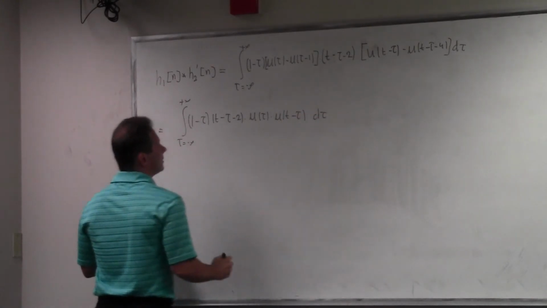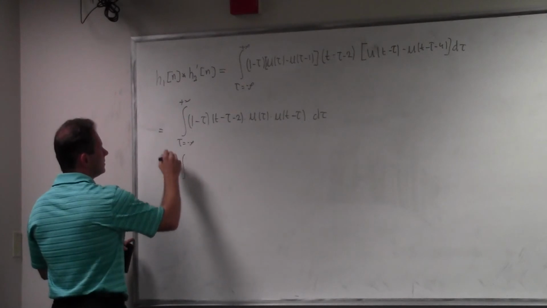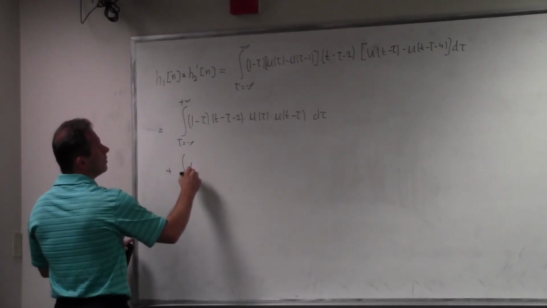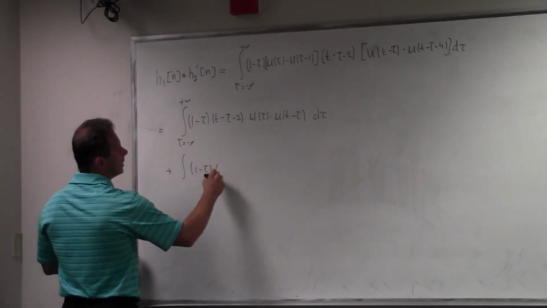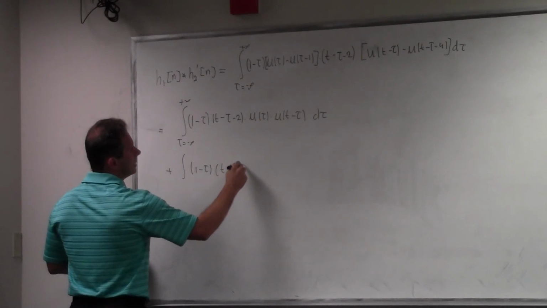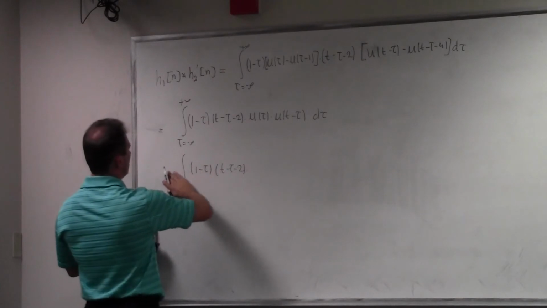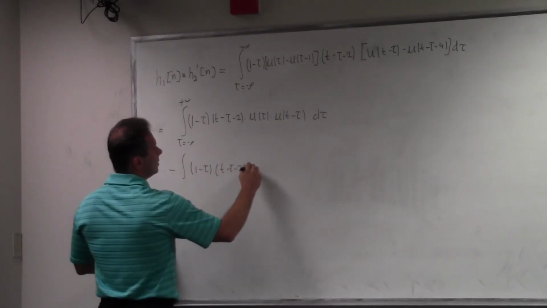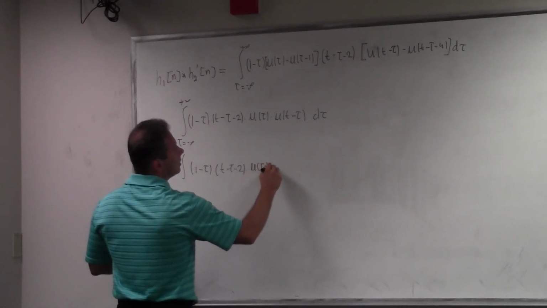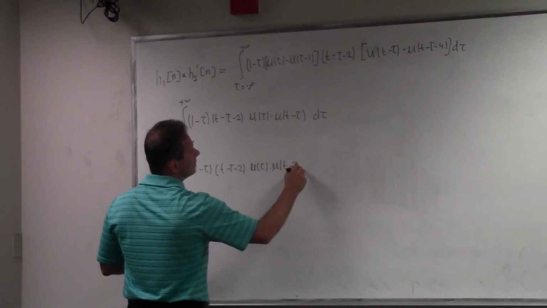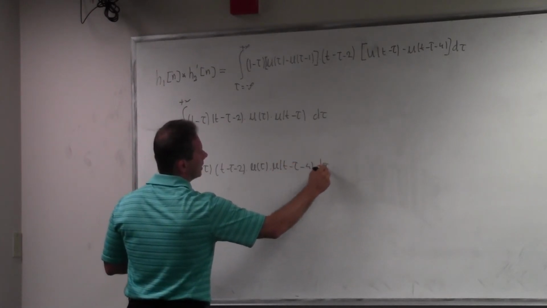That's the first thing. The second integral is plus 1 minus tau, t minus tau minus 2, and then minus u of tau, u of t minus tau minus 4, d tau.